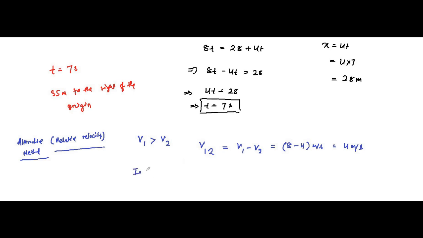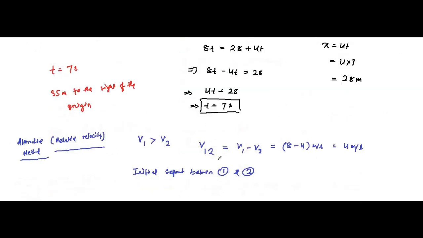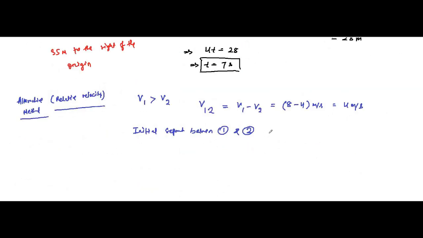The initial separation between particle 1 and particle 2 is 21 meters plus 7 meter, which is equal to 28 meter.